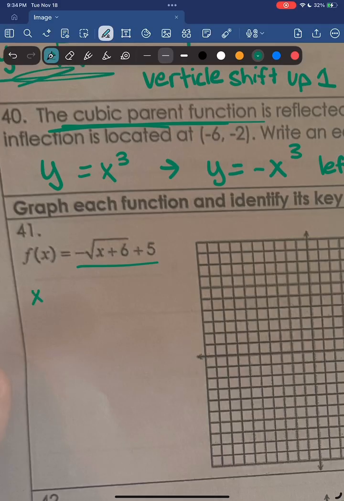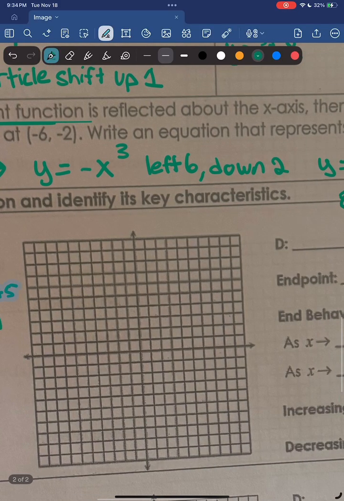Because we know what the square root of 1 is going to be, which is just 1. So we then have y would be equal to -1 plus 5, which is equal to 4. So now we have 1 point, -5, comma 4. So we go 1, 2, 3, 4, 5. 1, 2, 3, 4. So we have 1 point there.